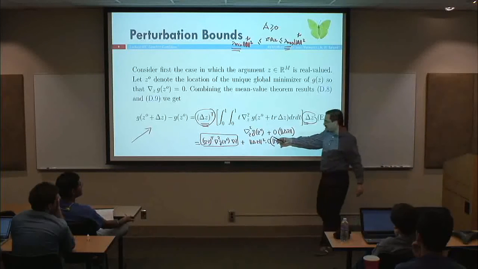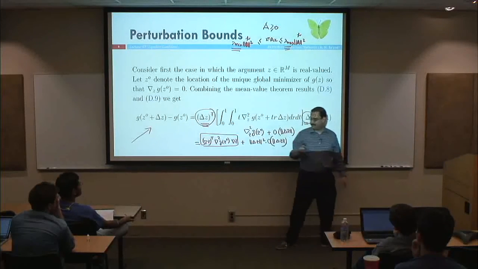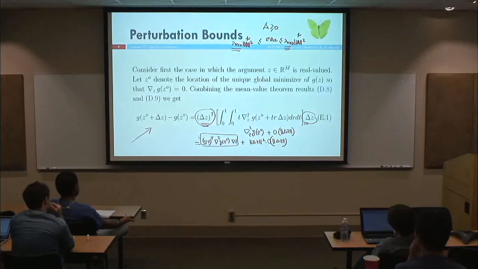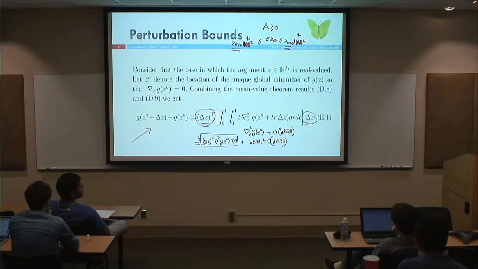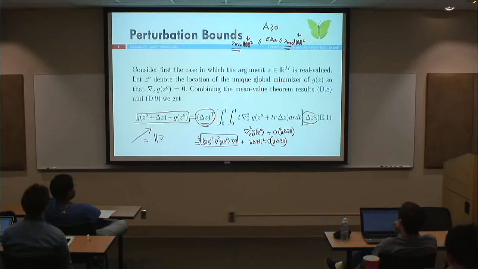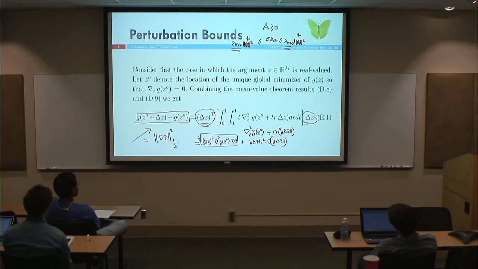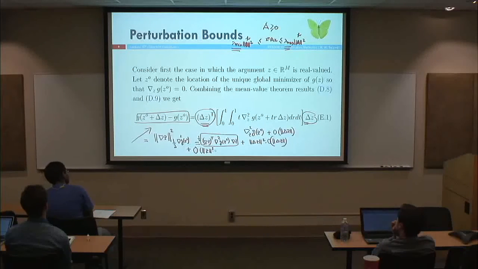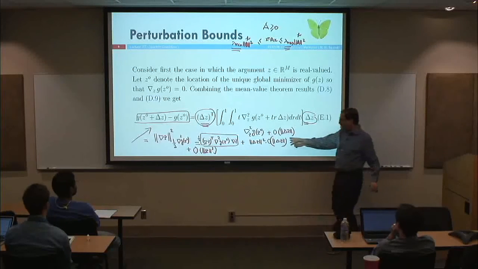There is 1/2 that I forgot that comes from this T, so there is 1/2 in front of this. The conclusion is that the increment is equal to a weighted norm of delta Z, weighted by 1/2 the Hessian at Z0, plus an error term which depends on the cubic power of the norm of delta Z. Correct? Because this is squared, this is cubic.